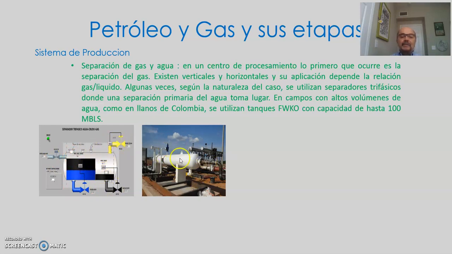This is a separator that we tested in that oil field that I talked to you about, where we produce millions of barrels of water, and we wanted to separate part of the water and inject it up in the field so that I don't have to transport too much water to the CPF. That was an idea.